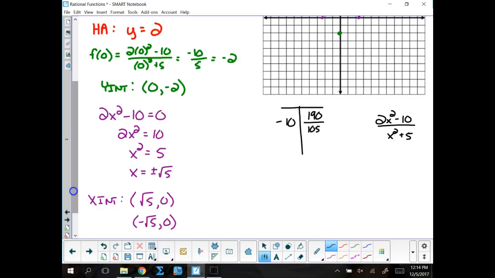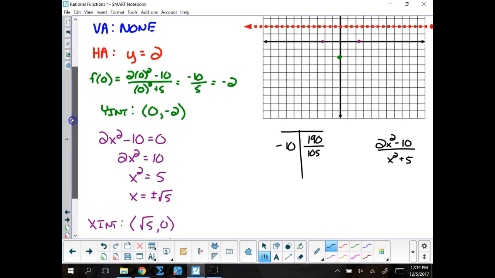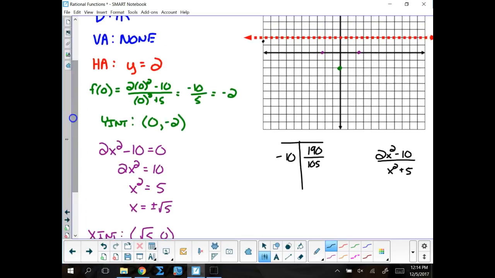Closer to 1 or closer to 2? Closer to 2. Then I'm going to try negative 10, and I'm going to get the same thing. So my graph looks like that.